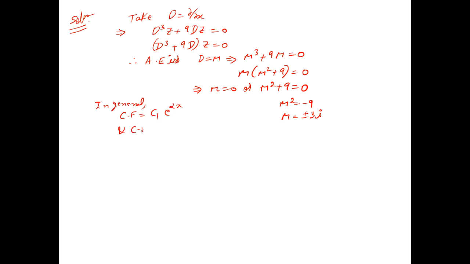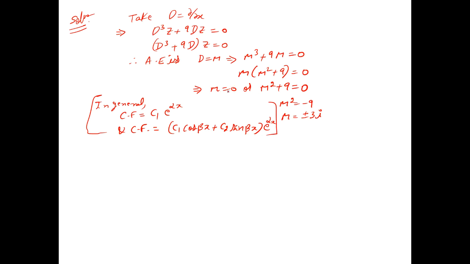And I am going to use another formula, the complementary function for complex roots, (c1 cos βx + c2 sin βx) e^(αx). These two formulas I am going to use for the solution of this auxiliary equation. So please remember these formulas in your mind and substitute one by one.